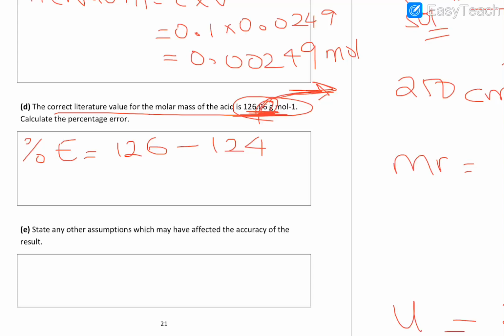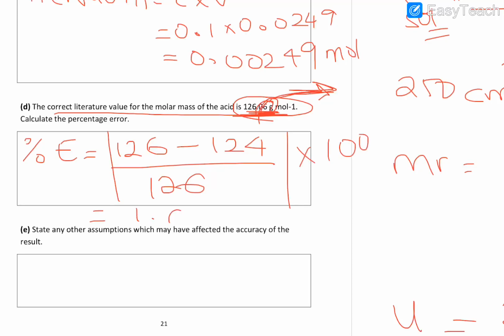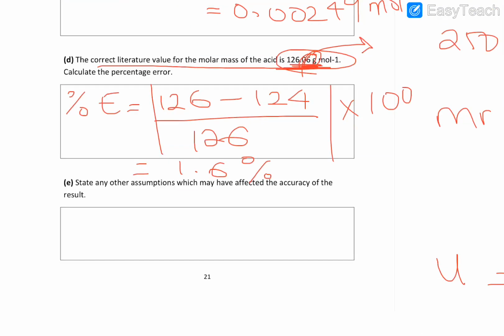My experiment is not allowing that much of accuracy, so this is why I'm ignoring the decimal places. Times 100, which is going to give me 1.6%. Percentage error, 1.6%.